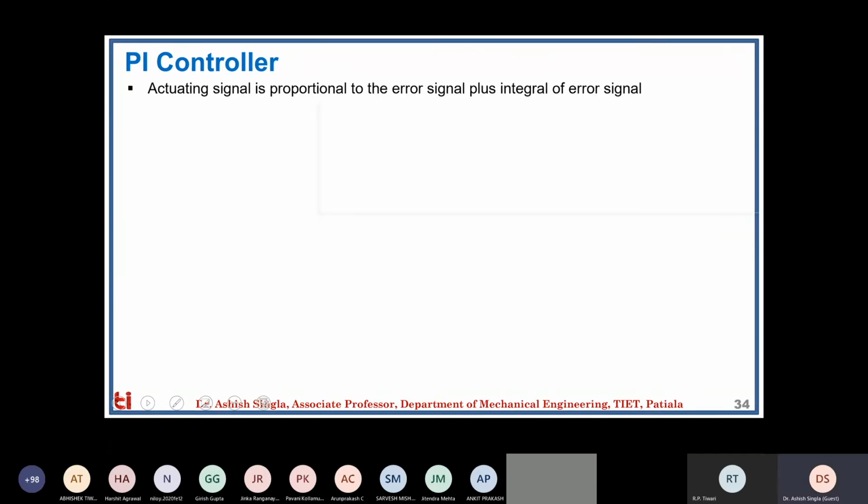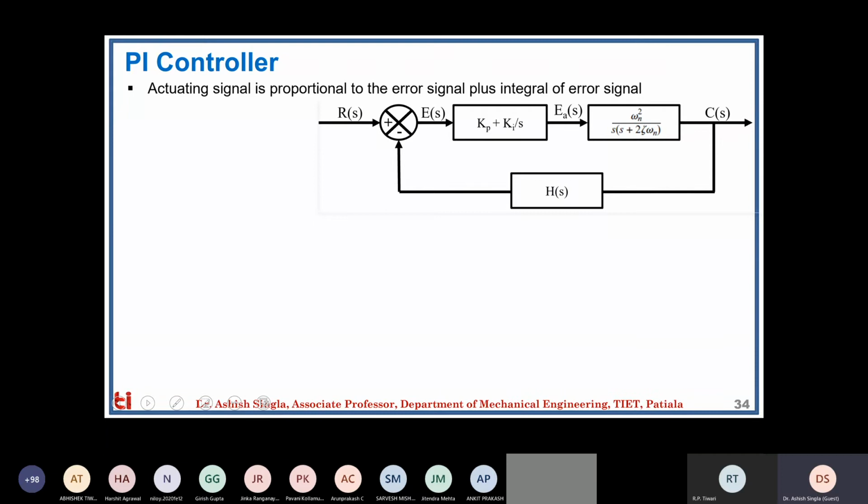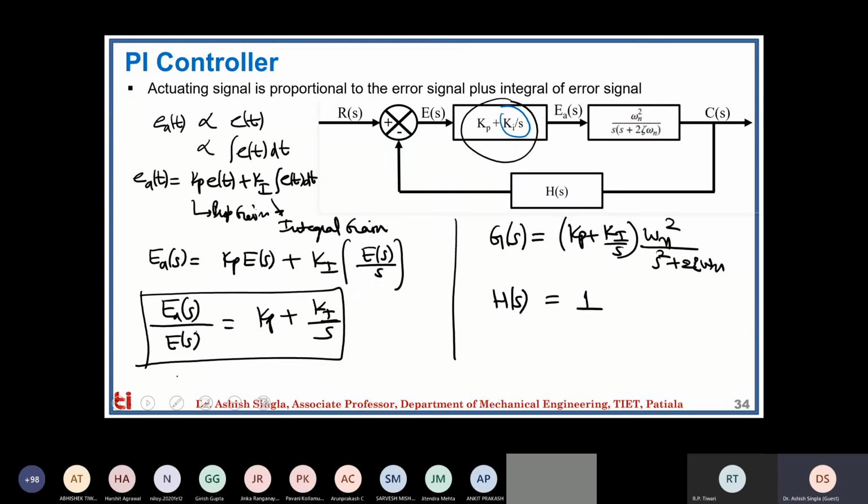Next comes the PI controller. So again, we can use this as Kp with Ki by S. I'll skip the mathematics. Again, we have this as the transfer function. This is the G(s) and H(s).